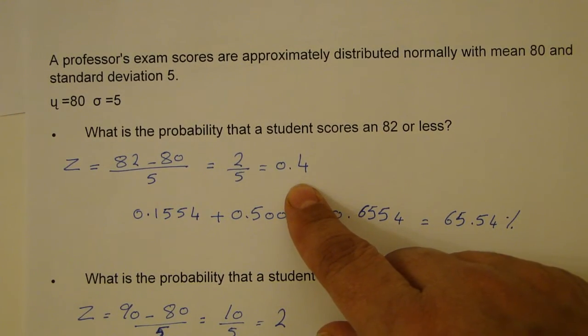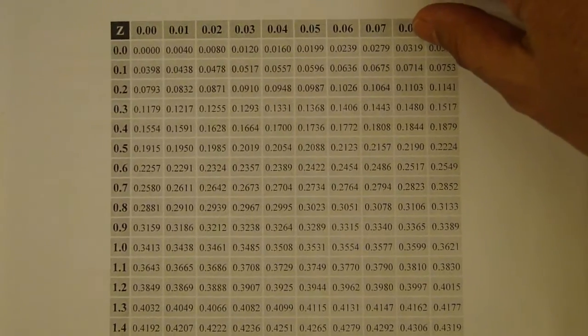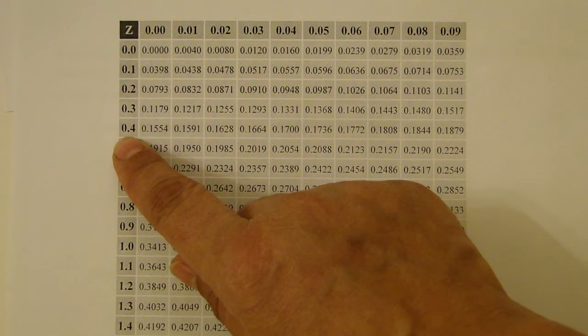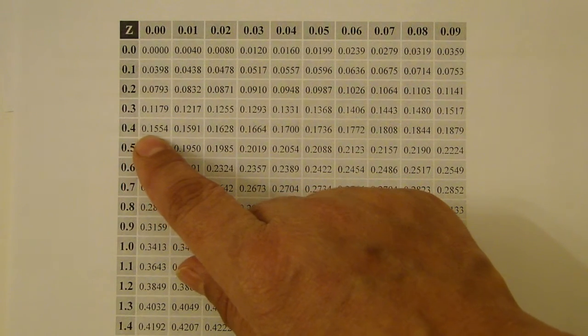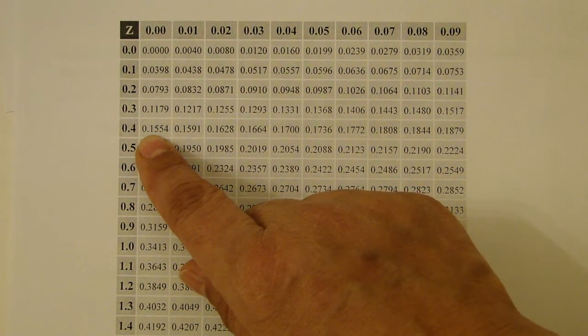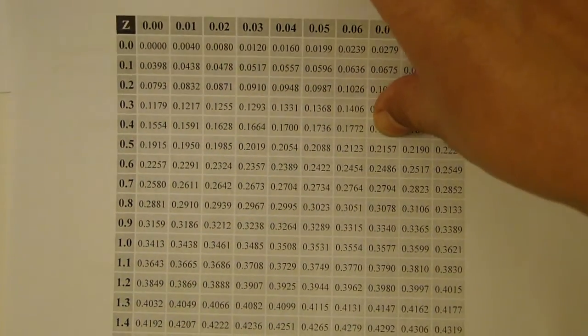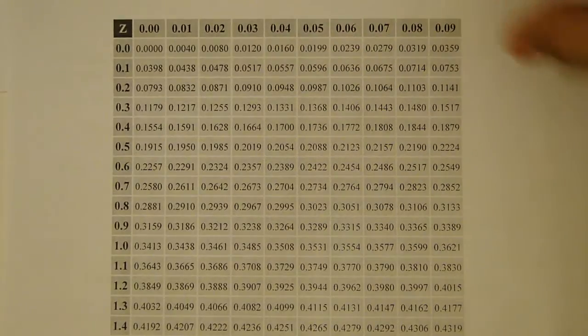What are you going to do with this 0.4? You're going to go to your table and look for the z, which is 0.4. It doesn't have anything next to it, so 0.4.00. My answer is 0.1554.